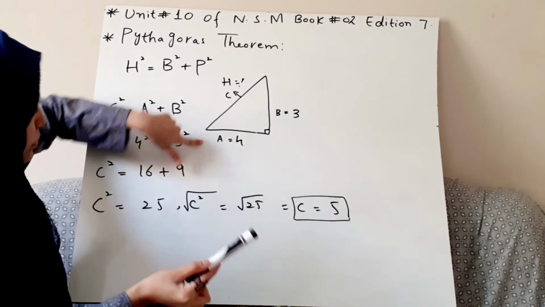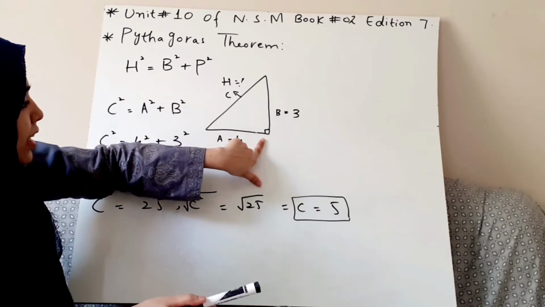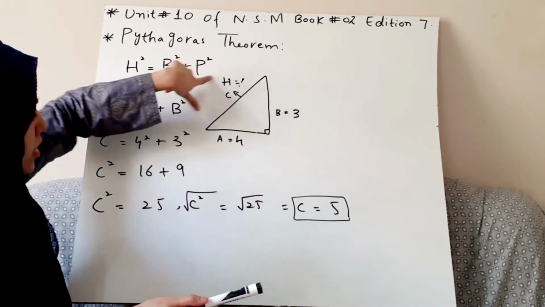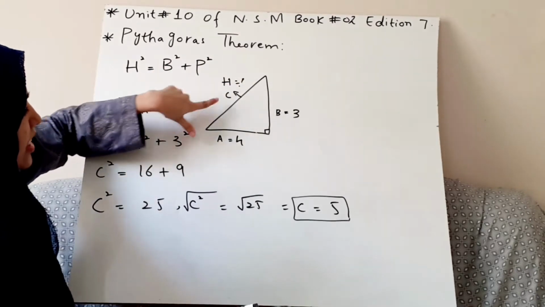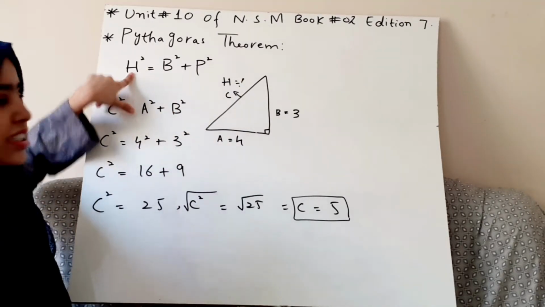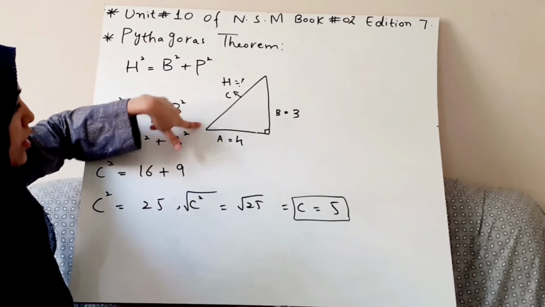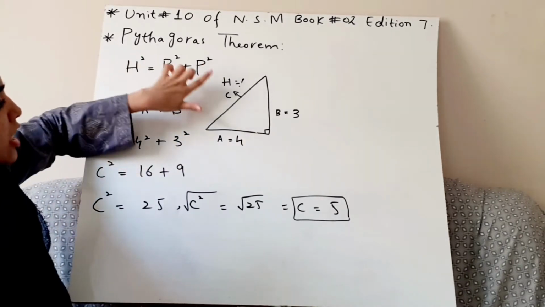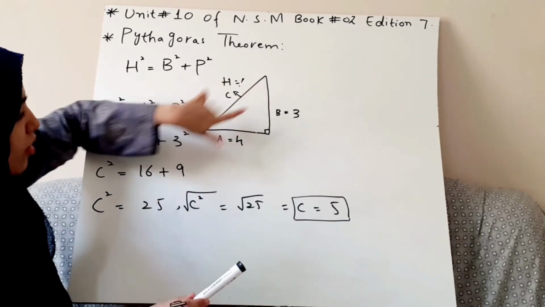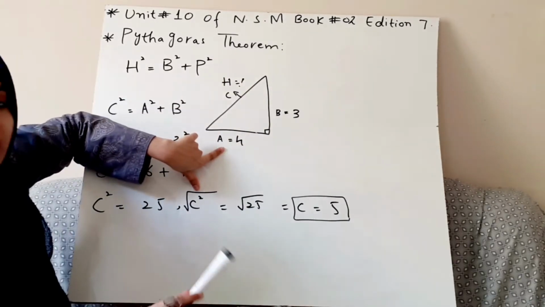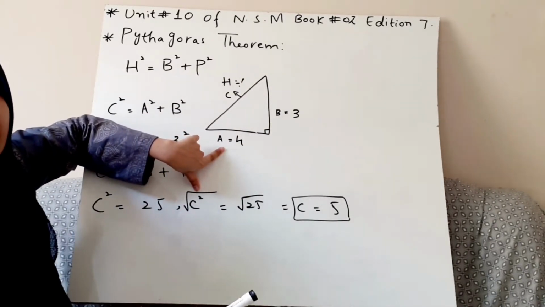So, in a right angle triangle, the side which is opposite to the right angle, like this side, this is called hypotenuse. So this theorem says the square of hypotenuse is equal to the sum of the squares of the remaining two sides of a right angle triangle.